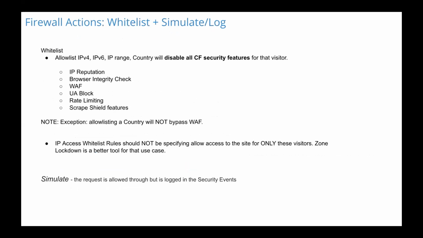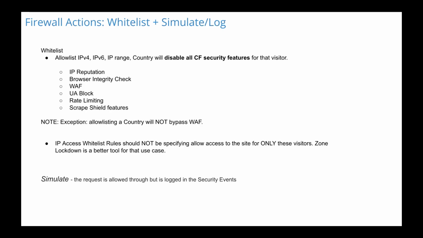Right, so whitelisting and simulate are other actions that are available to you under firewall actions. Whitelisting, as you can see, if you set up in IP firewall or in firewall rules any action to whitelist, it will disable the following Cloudflare security features. IP reputation won't take place anymore, browser integrity check will be skipped, application firewall will be skipped, user agent blocking, rate limiting, scrape shield, all of these are automatically switched off as soon as you add a whitelisting rule into your firewall rule or IP firewall.